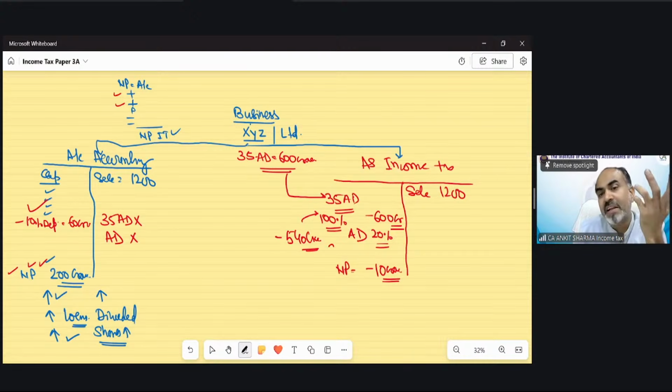Then there is the scientific research contribution concept under section 35. Suppose this business gives 10 crore contribution to a scientific research association. So income tax will say, okay, we will allow you a deduction of 10 crore. Accounts will say, no contribution allowed because that is not for your business.